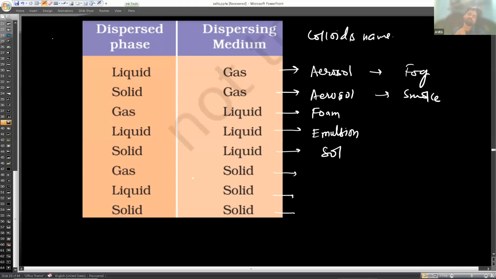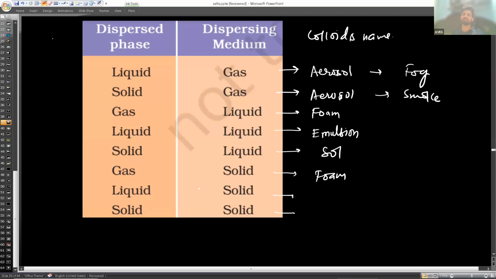Gas plus solid. Tell me. Is it solid foam? Yes, it is also foam.